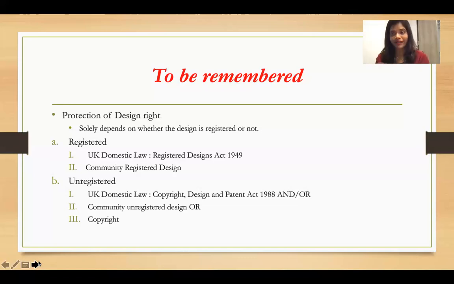Similarly it works with unregistered design rights. The CDPA and the community unregistered design rights work closely together. So that is why when you speak about unregistered design rights, you choose copyright and then unregistered design rights. So this is your structure of problem question.